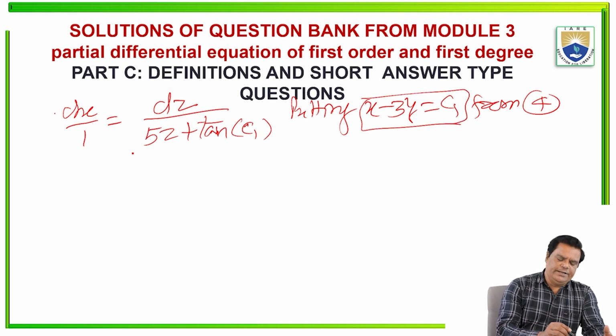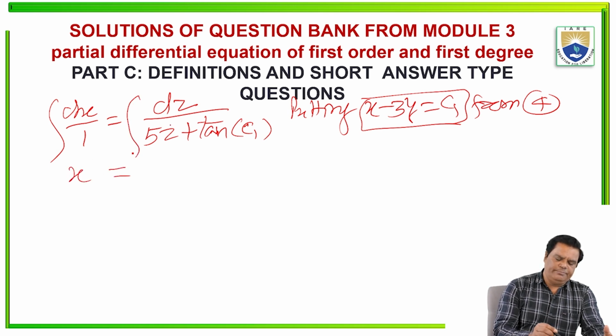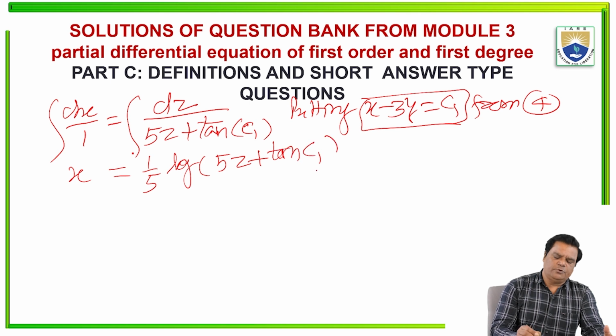So we get this, integrating on both sides. So x equals 1 upon 5 log of 5z plus 10 c1, plus log c2, another constant.